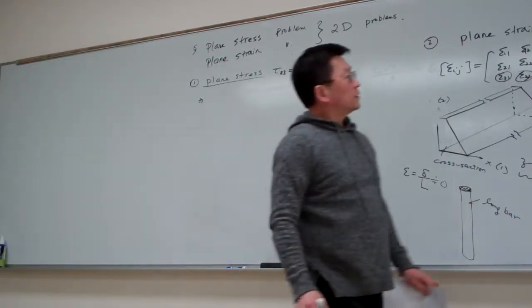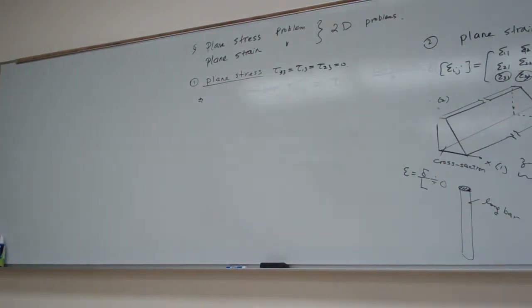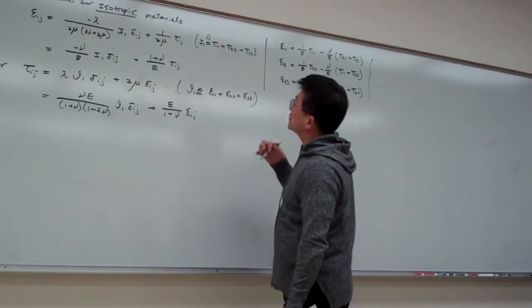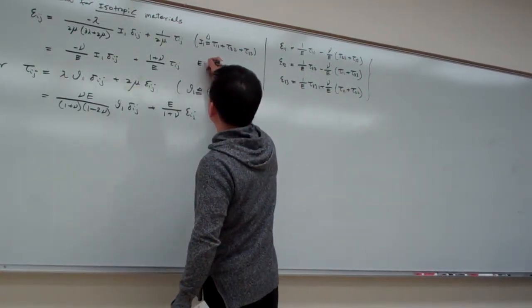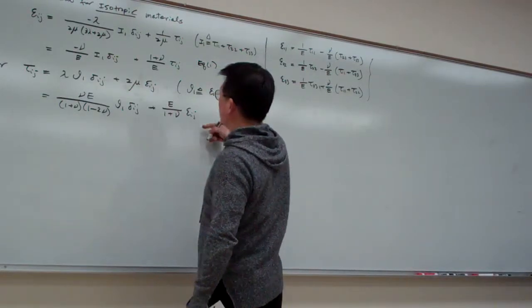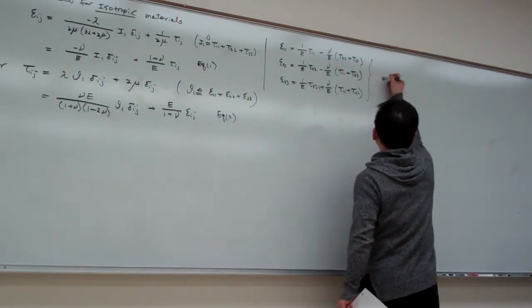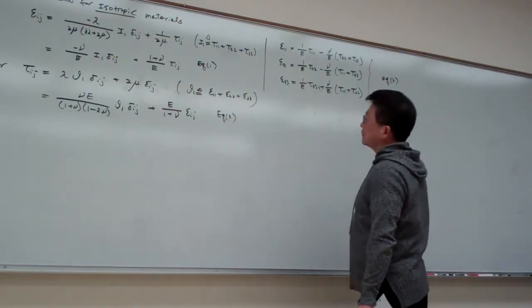So do you want certain symbols? Say, let me give some. So this is equation 1. And the second one is equation 2. And this one, let me call equation 3. Okay.